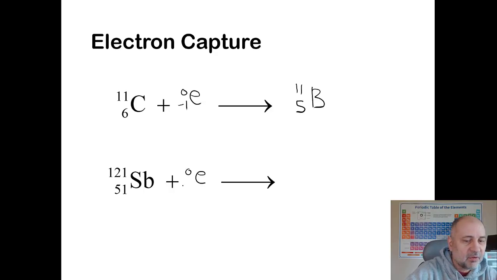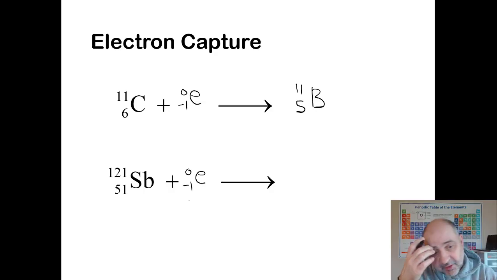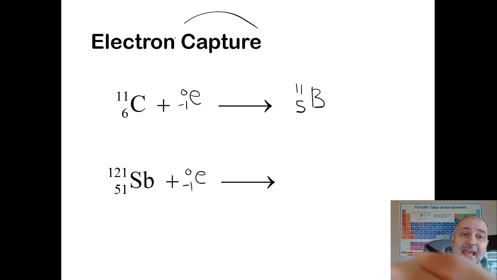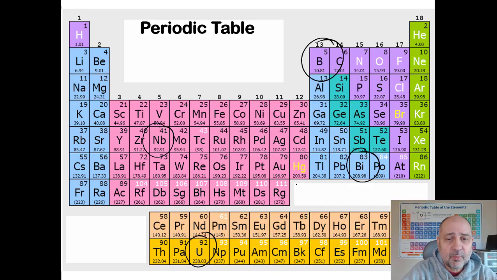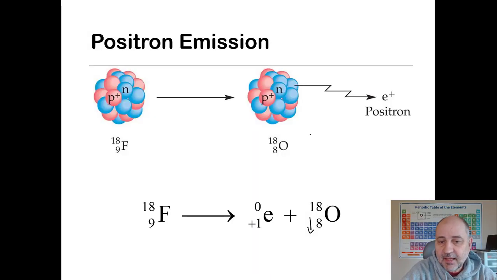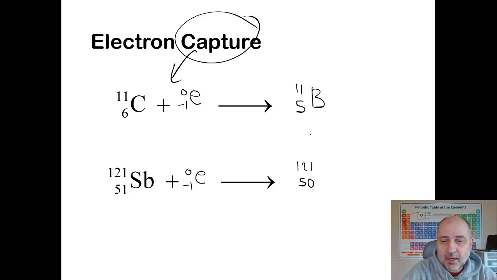But if you can figure out what the particle is, and you can figure out where to put it, right? Capture means on the left side. You can then generate or determine. So now we need to look for 50. So I'm going to go back to the periodic table, and 50 is tin, Sn. All right.